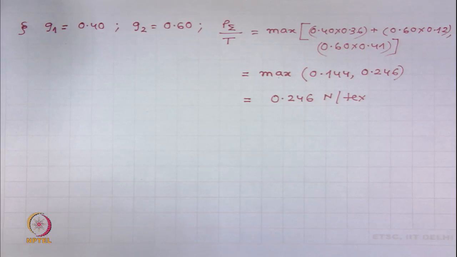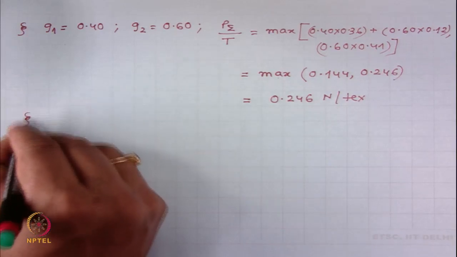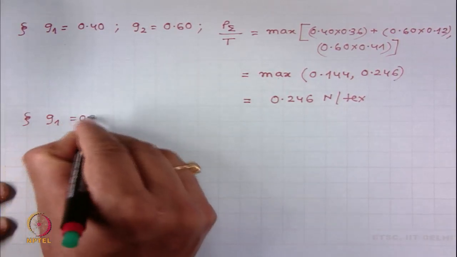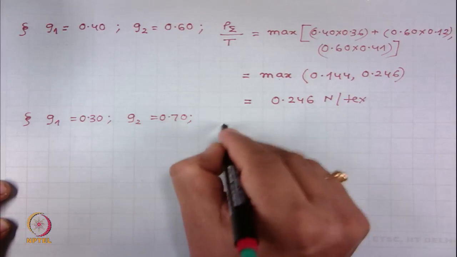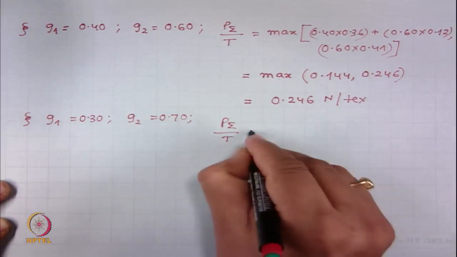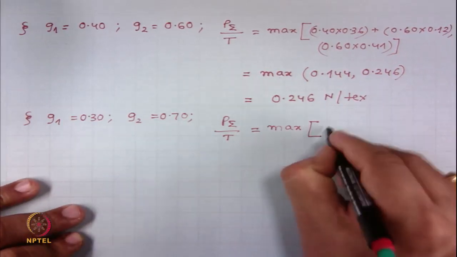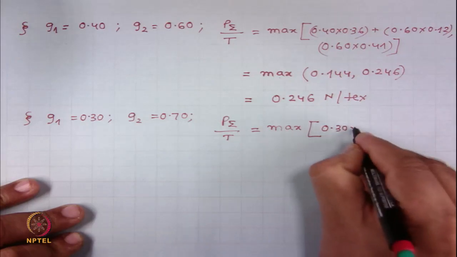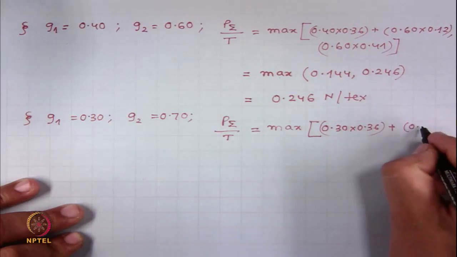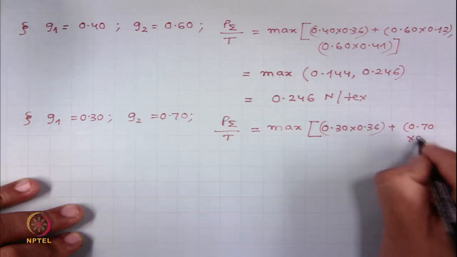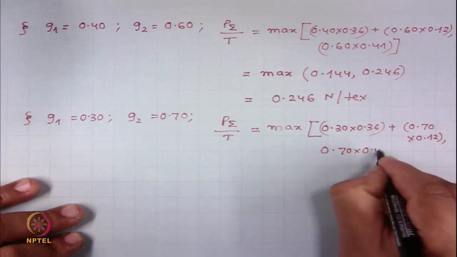Right. Now, we proceed further to obtain the other blend ratios. G1 is 0.30, G2 is 0.70. What is the bundle tenacity? Max of 0.30 into 0.36 plus 0.70 into 0.12, comma, 0.70 into 0.41.